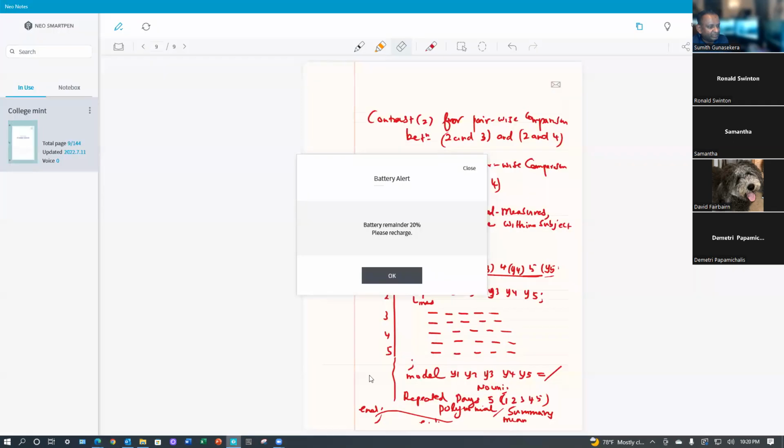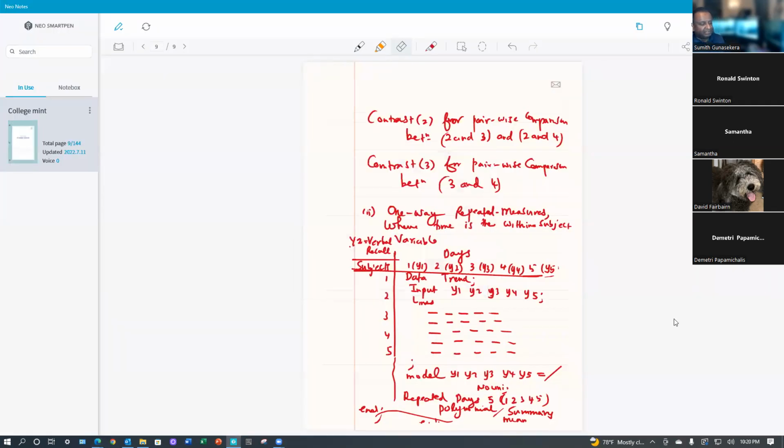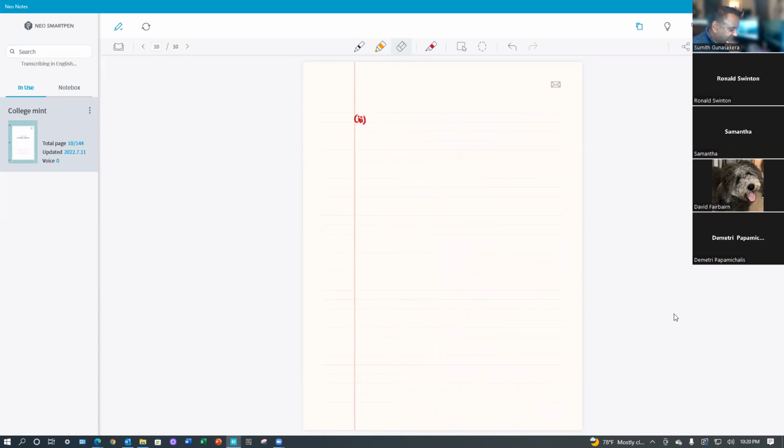So let's get back to this one. Okay, what's the third method, the third format in the repeated measures? Look at the third one. I'm going to say one between and one within. It's called like that.